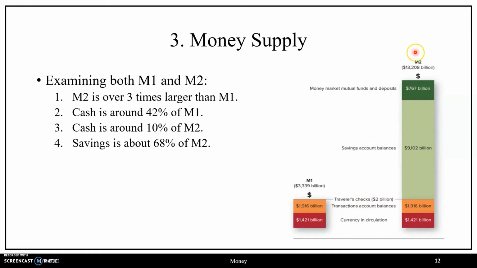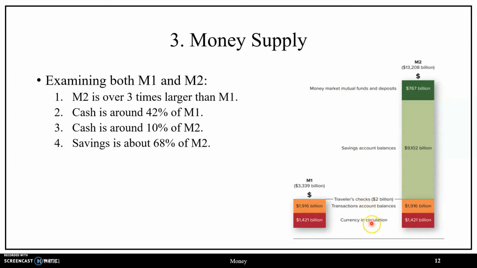Moving on to our M2 money supply, we see that it's substantially larger than our M1 money supply, being $13,208 billion, where a majority of this is comprised of savings account balances, and a secondary component is money market mutual funds.